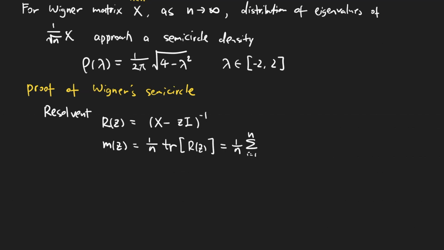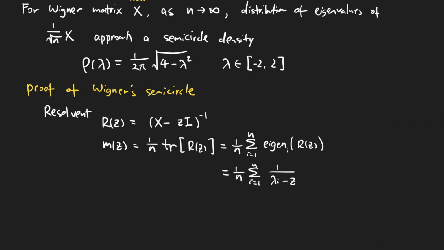We know that by the property of the trace, it equals the sum of the eigenvalues. And in this case, it equals 1 over n times the sum of 1 over (lambda_i minus z).